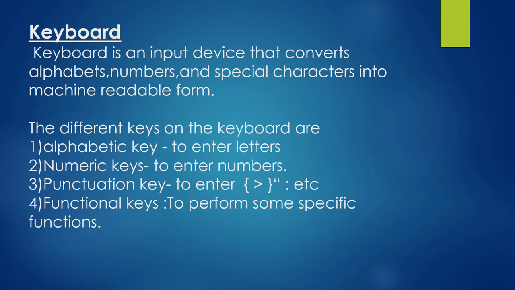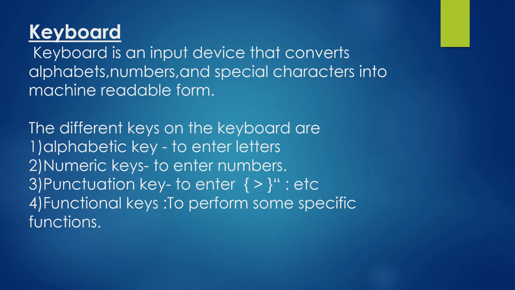That is, the user enters the data using this keyboard, that is text or special characters or numbers, and then the keyboard converts that text, numbers and special characters into binary form or machine readable form. Then what are the different types of keys on the keyboard?